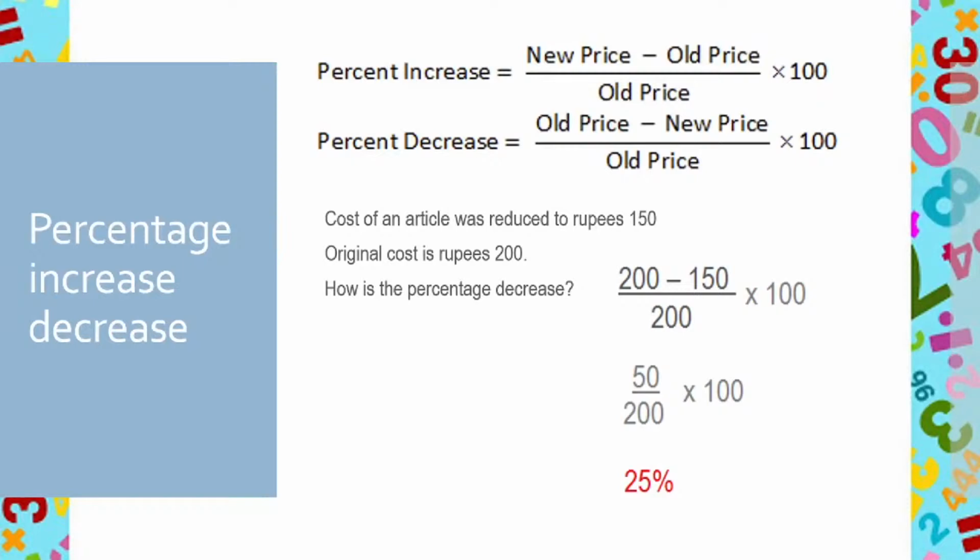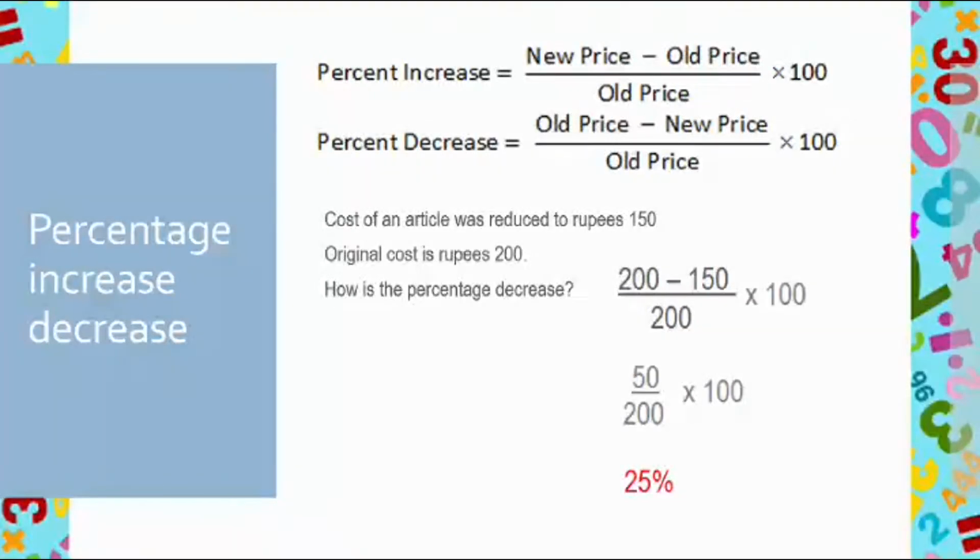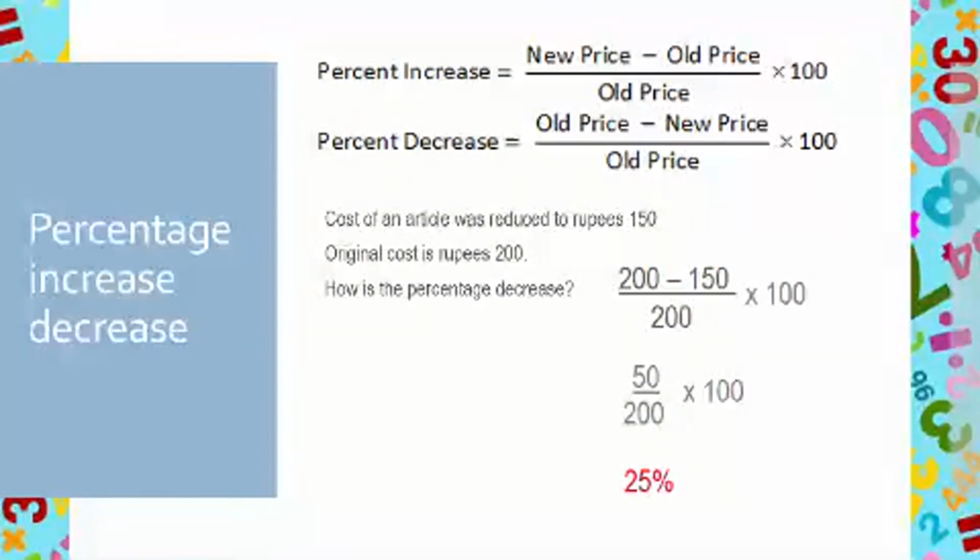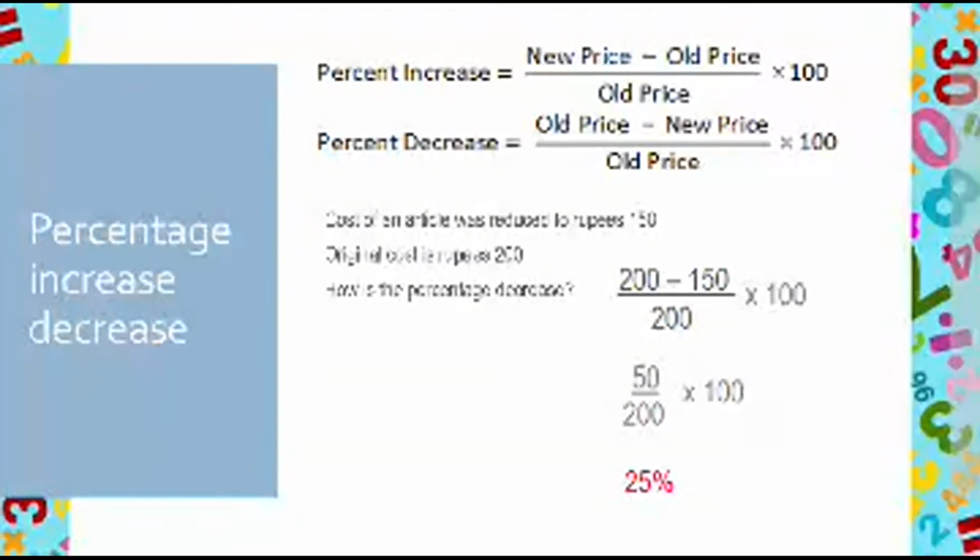If you are unaware of this, make a note of it in your book. For percentage decrease, I told you I will do old price minus new price, divided by the old price, multiplied by 100. The cost decrease.